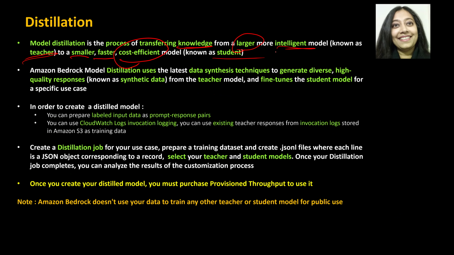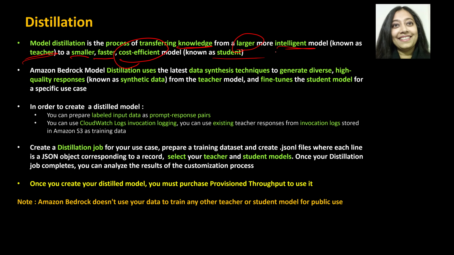So, a simple process in which you transfer your knowledge from a larger, more intelligent teacher model to a smaller, faster, and most importantly, a cost-efficient model, also known as a student.